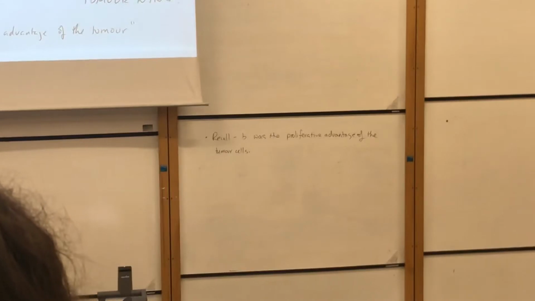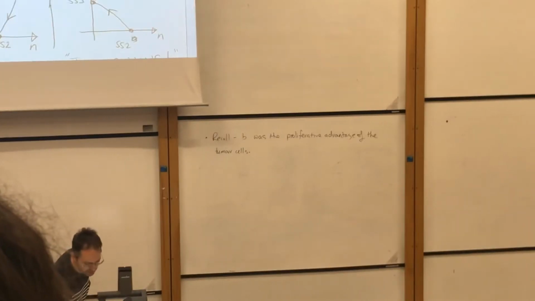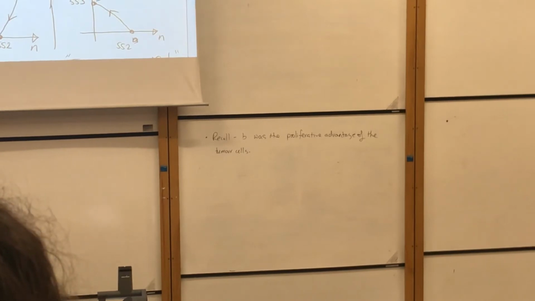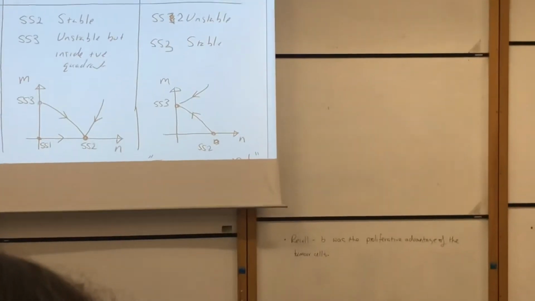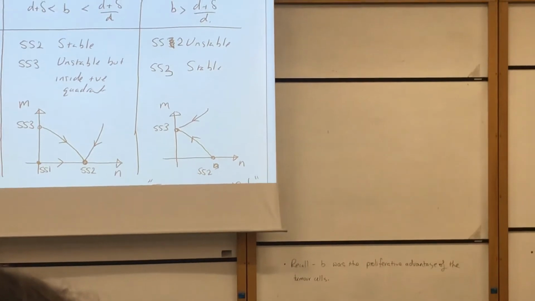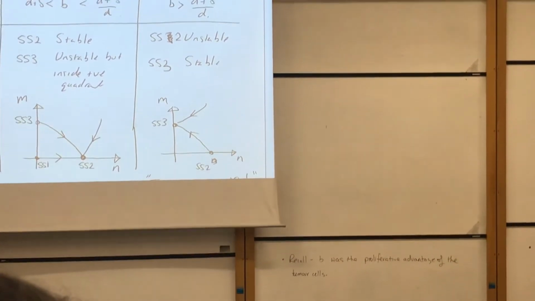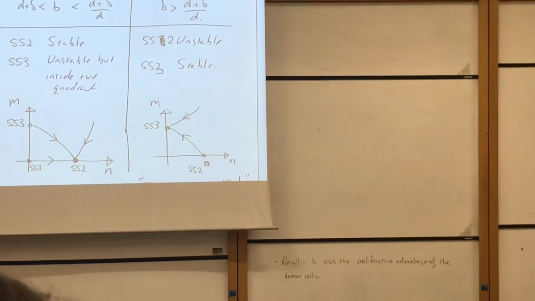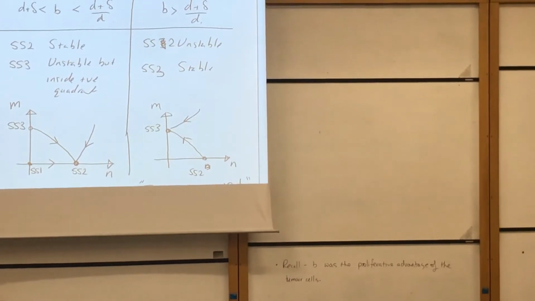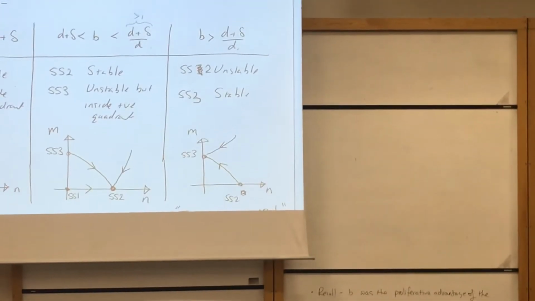So what does this tell us? As you would expect, if you give your tumour a strong enough proliferative advantage, you're going to be in this third scenario, where even though there's that immune response there, the tumour will still overcome it, the tumour will win and eliminate healthy cells.